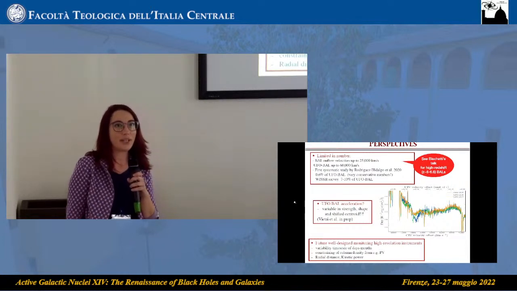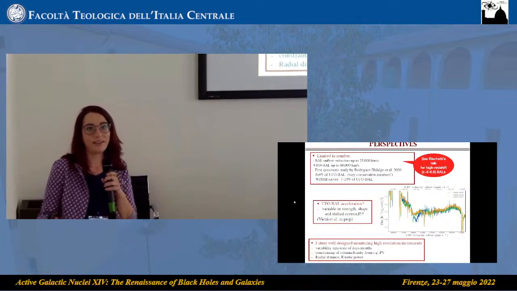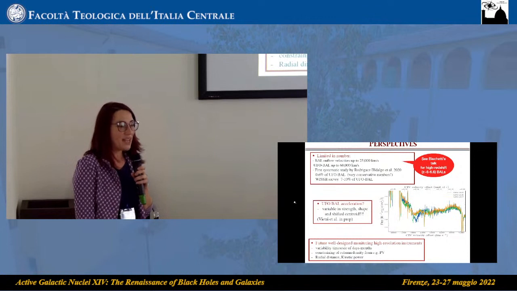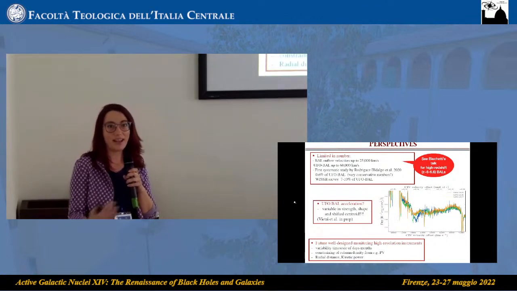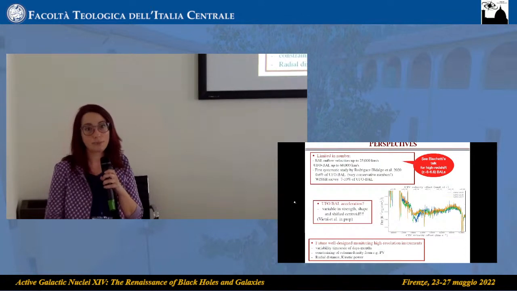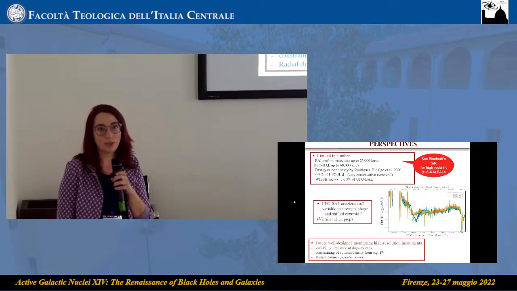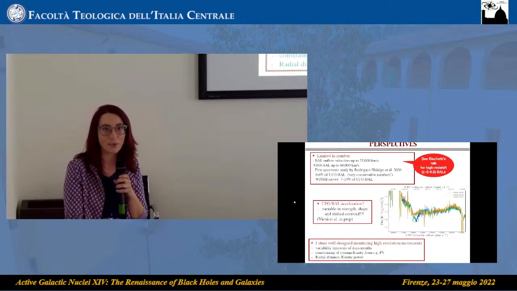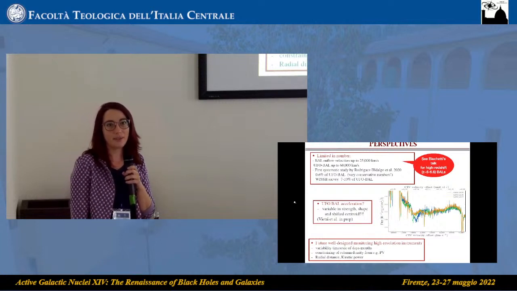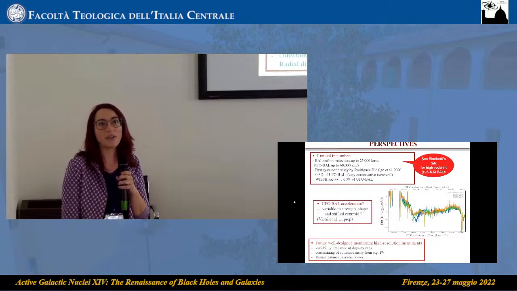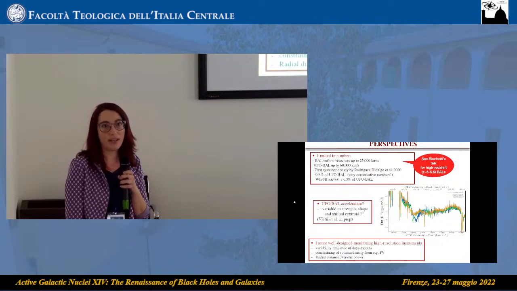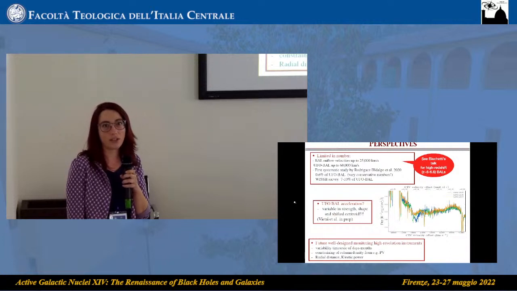We have not yet done a study of the correlation between X-ray and the presence of such UFOs, but we are going to, because now we are focusing on a larger sample. So we are trying to understand if there is a connection between the X-ray luminosity and the presence of such winds.